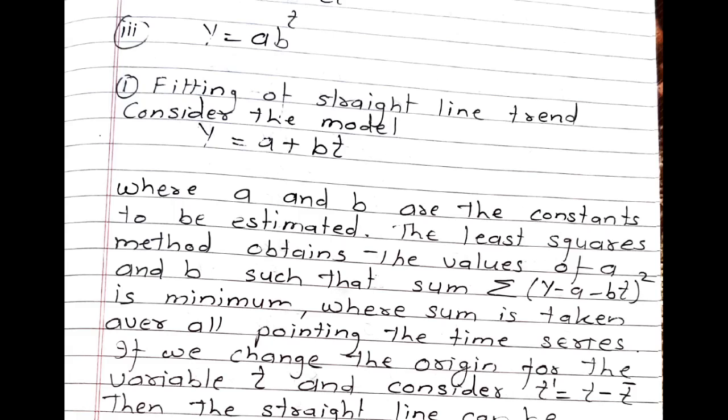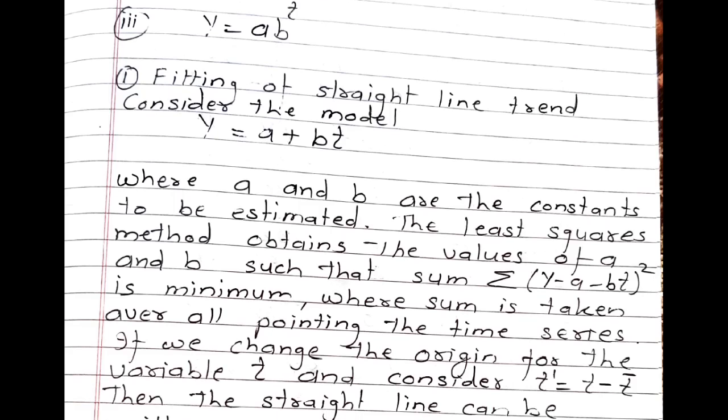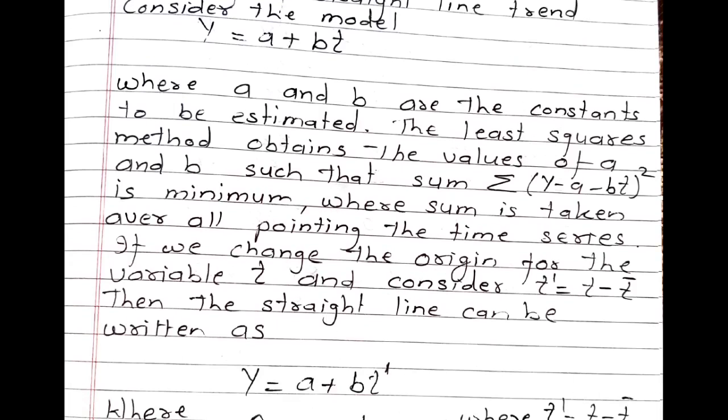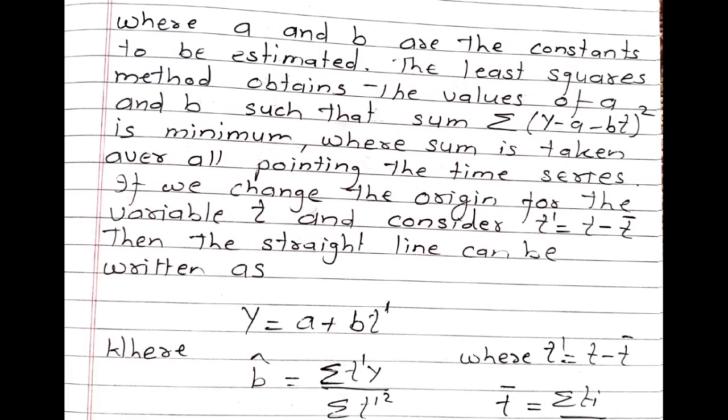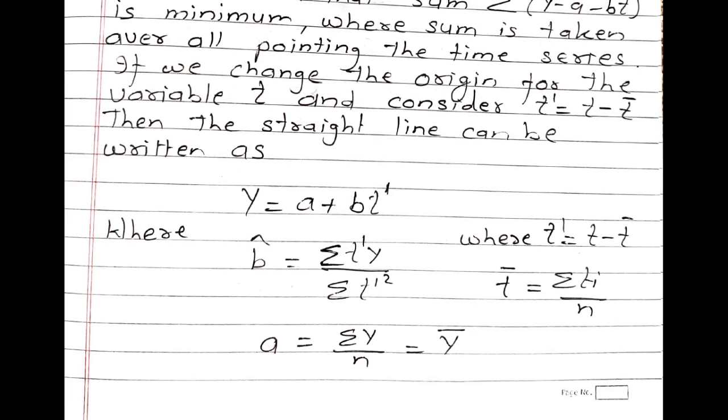If we change the origin from the variable t and consider t' = t − t̄, then the straight line can be written as y = a + bt', where b is calculated as summation t'y upon summation t'², where t' is t − t̄ and t̄ is summation ti upon n, and a is equal to summation y upon n, which is y bar.